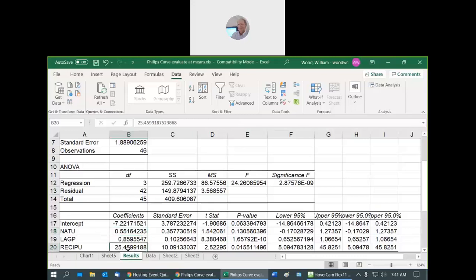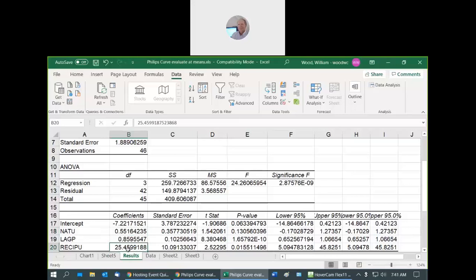But here's the thing we really want to know about this recip U. A president might want to know, hey, if we stimulate this economy so that the unemployment rate goes down 1 percentage point, are we going to have a big problem with inflation?